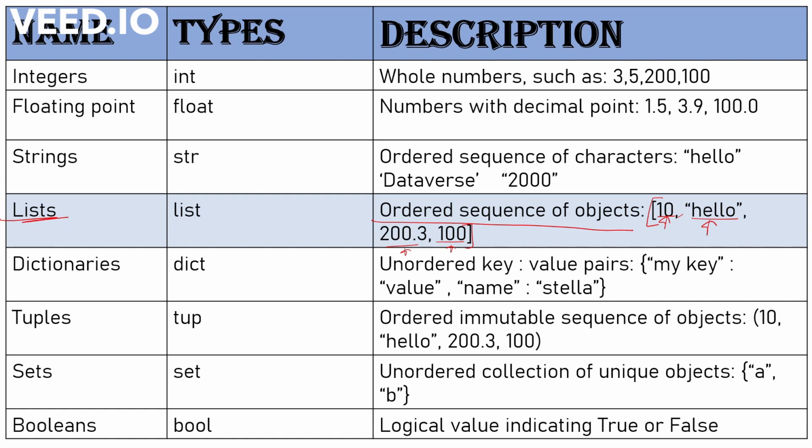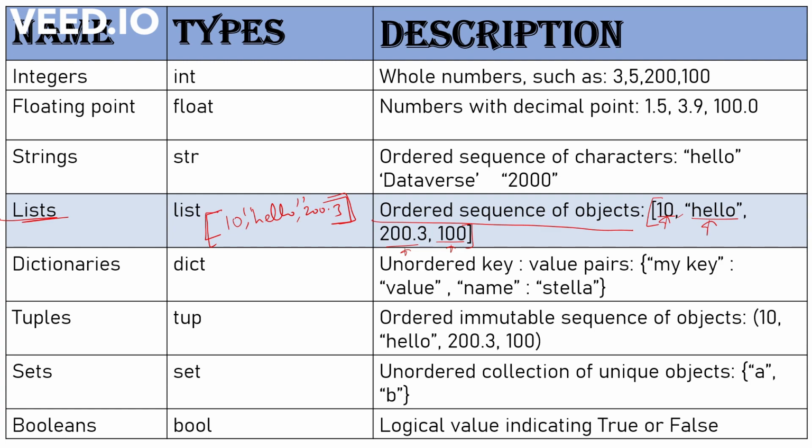So the general form of a list is this: we can create a list using square brackets, and we can use elements like 10, an integer, hello in double quotes, a string, and a floating point number. This is the most general form of a list we can create using square brackets.